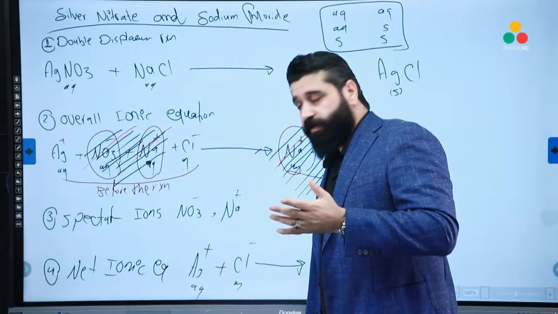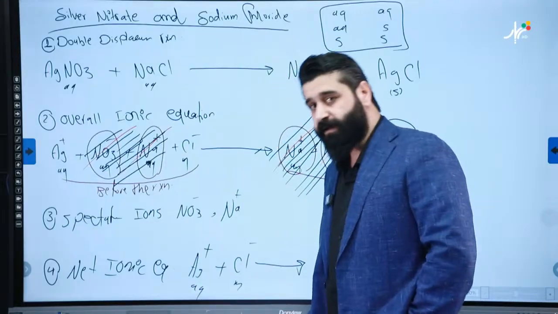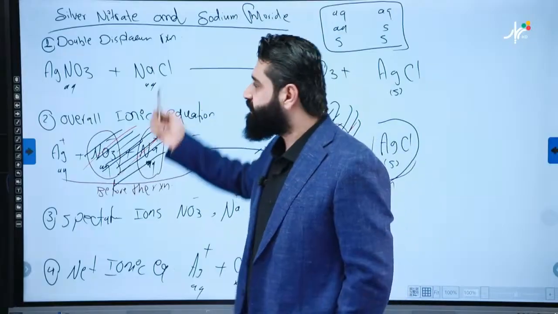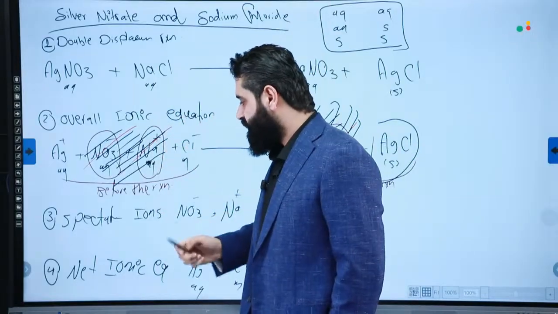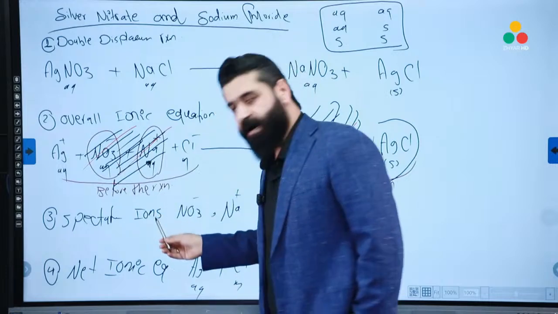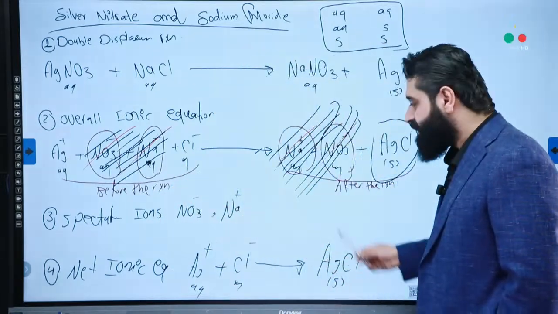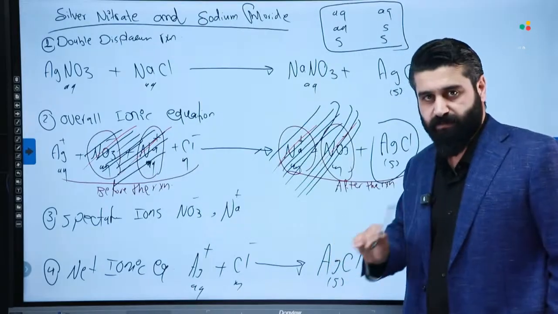Because there are some different names besides these, grab your pen and let's go through the different names. The first step, we write the double displacement. The second step, the overall ionic equation. The third step, spectator ions, also called ions that do not participate in the solid formation.